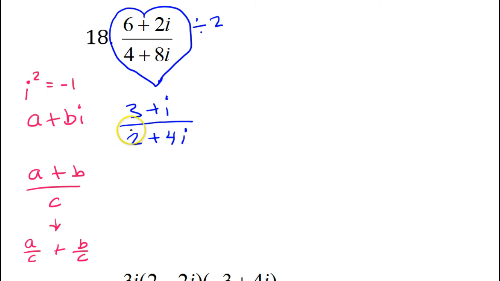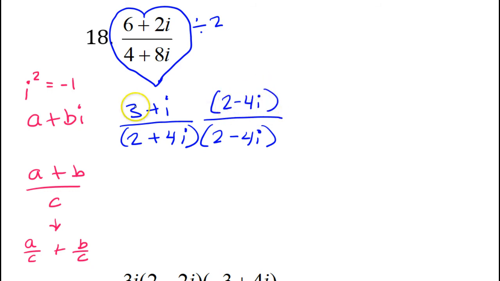So this is a simpler problem, so this is what we should use. To solve this, we need to multiply by the conjugate of the denominator. So 2 plus 4i, the conjugate is 2 minus 4i. So I will multiply by 2 minus 4i over 2 minus 4i. So I'm going to have to double distribute in the numerator and the denominator. If I distribute the 3, I'm going to get 6 minus 12i.